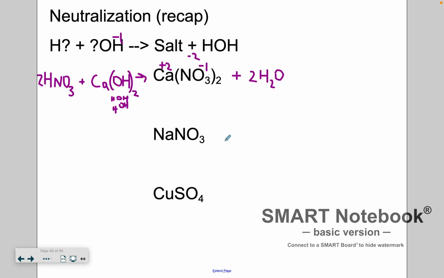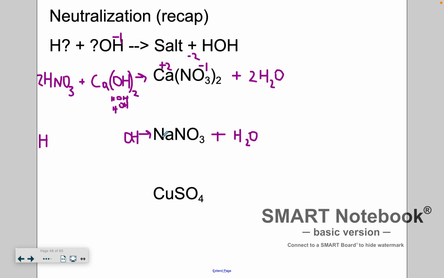Okay, the next one. So I've got my NaOH. Here's my base, my OH. Here's my acid with the H, and it produces water. All right, so now it's time to split the salt. So hydrogen has a +1 charge.